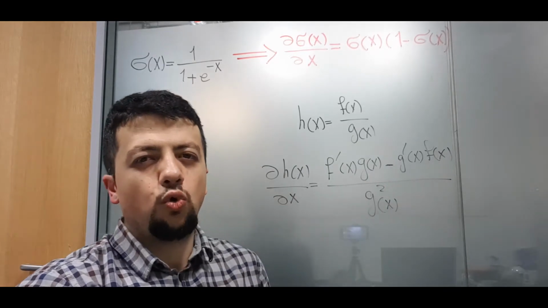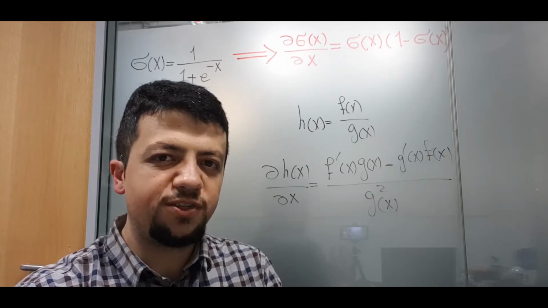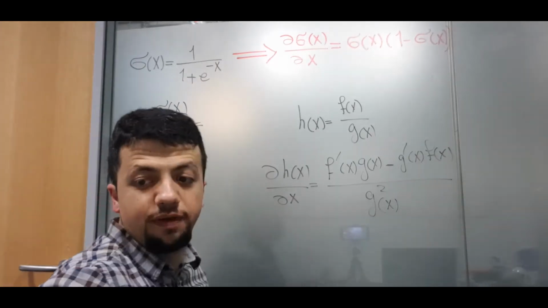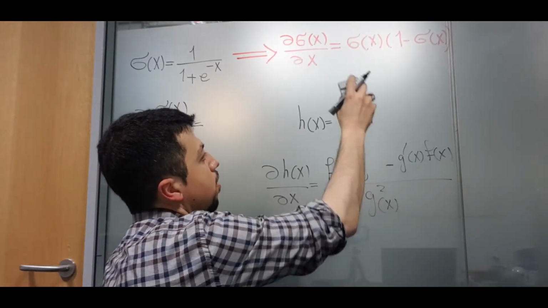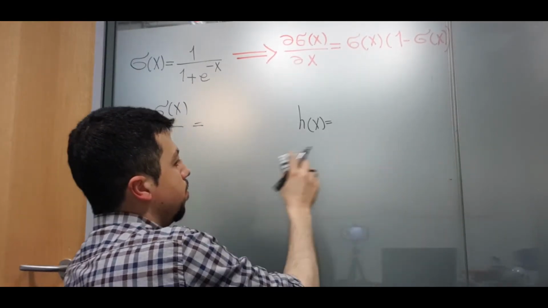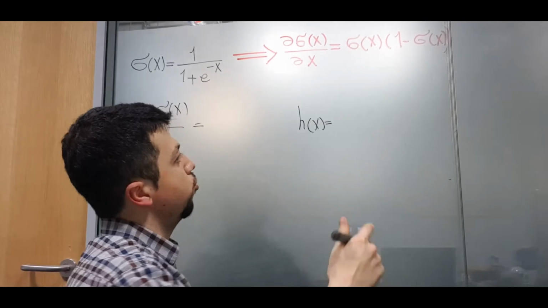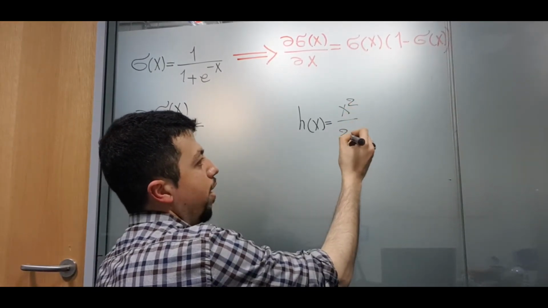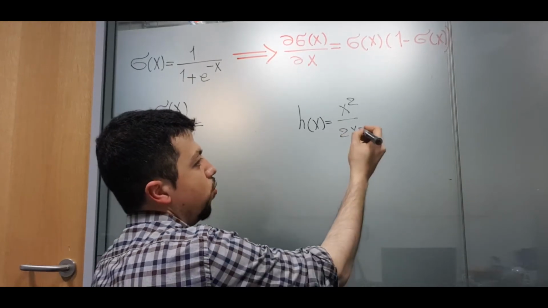Right? A very simple example: let's say h of x is equal to x squared divided by 2x minus 1.